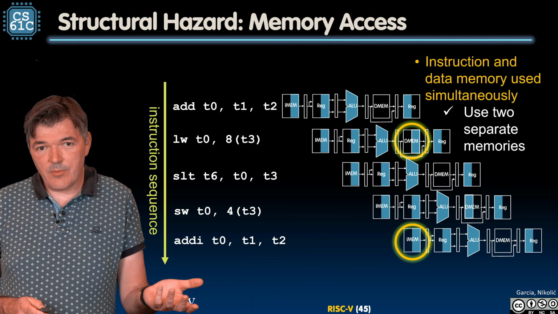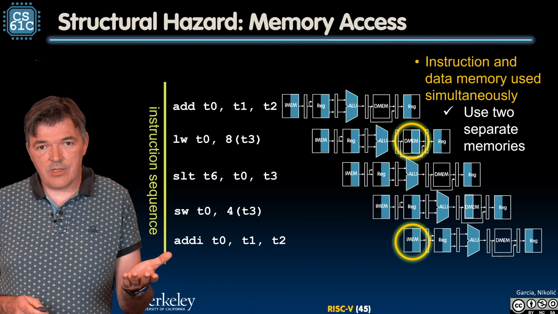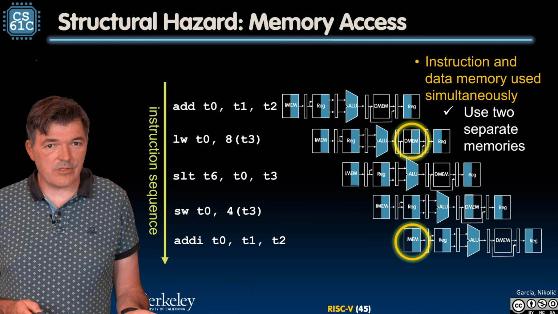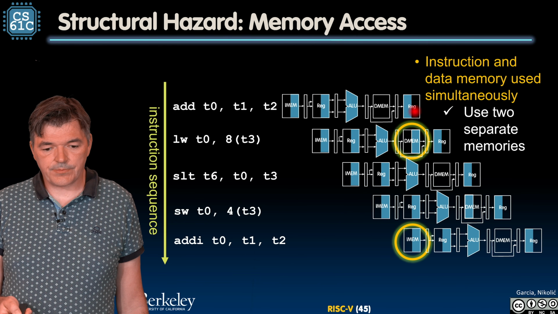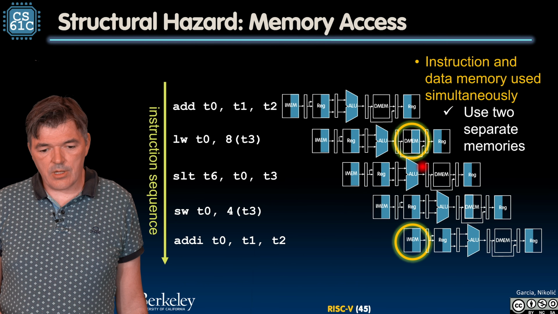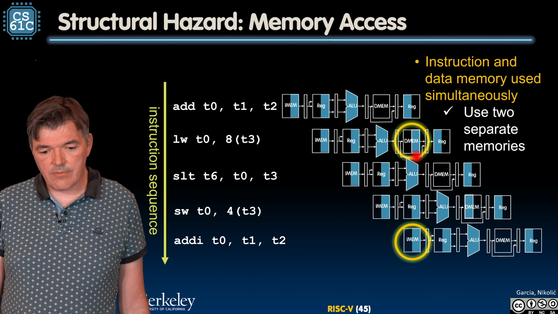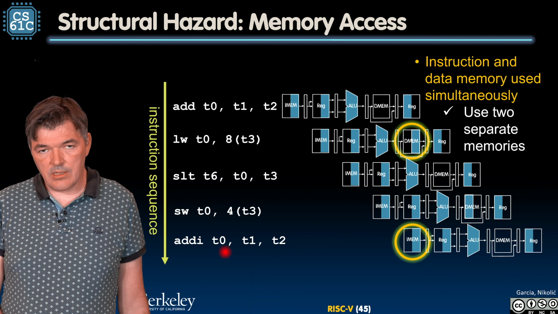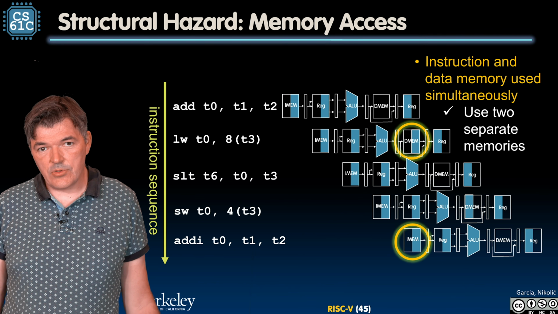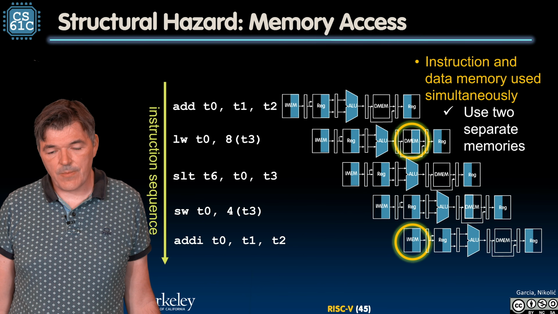So every time there is a load or store, it is going to contend with every other instruction for the memory access. In this case, it is shown that if you have a load word during the memory access phase, another instruction that would perhaps be trying to read an instruction, this add immediate, would have to stall and wait until the load word is done if you just had one memory.